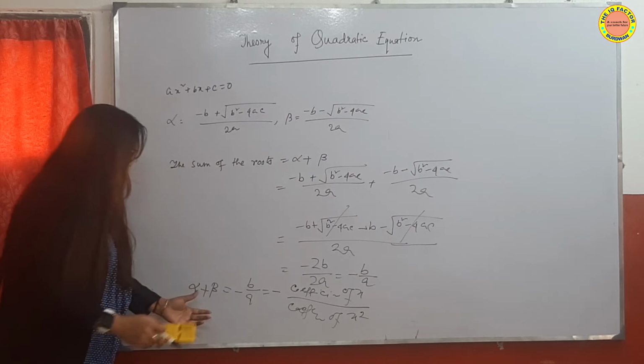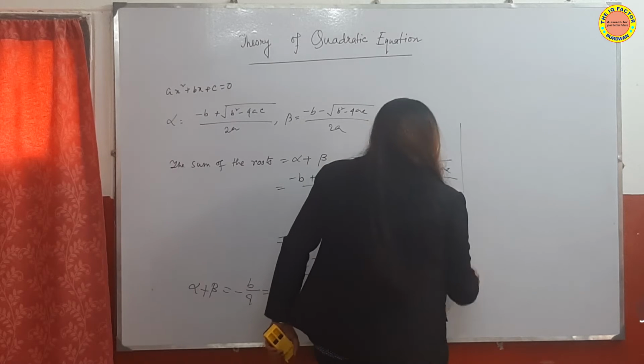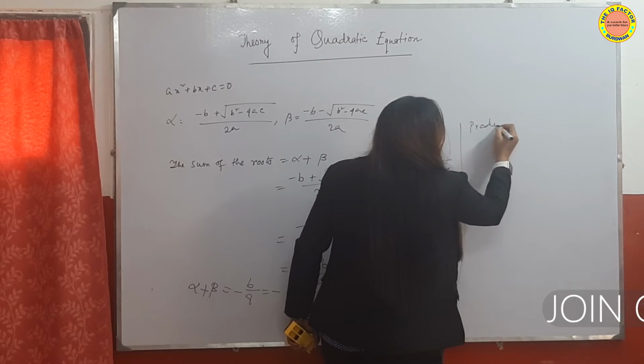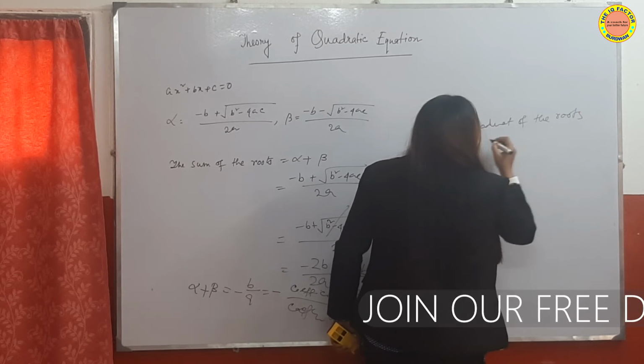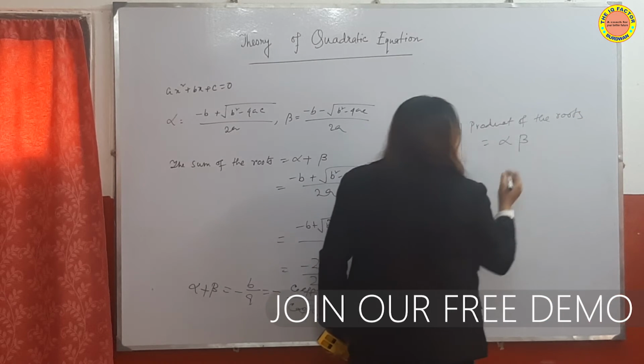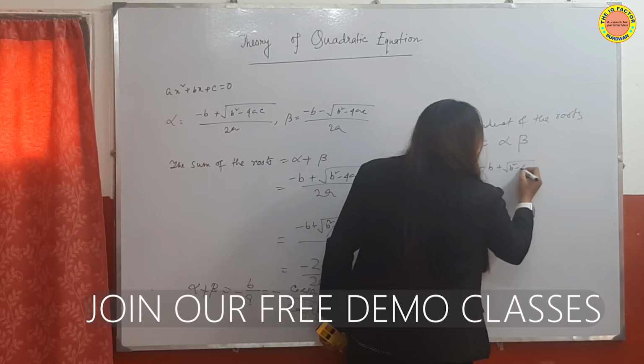So the sum of the roots is minus b by a, and we will find out the product of the roots, that is alpha beta, putting the value of alpha and beta.